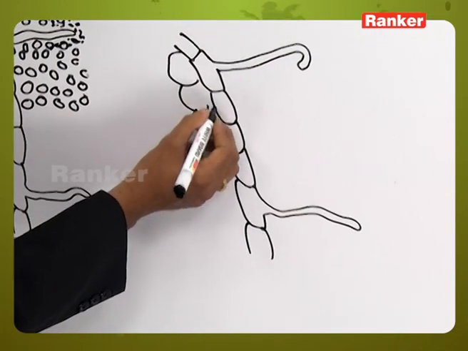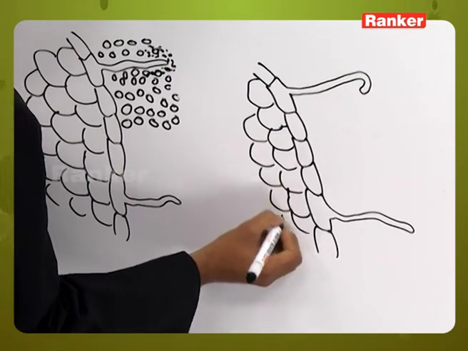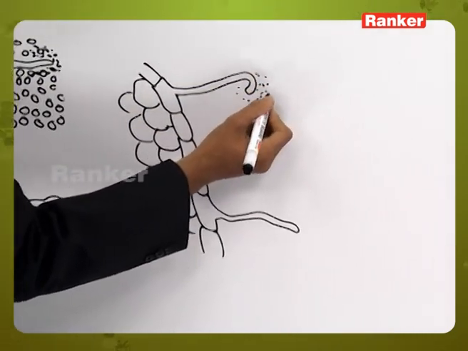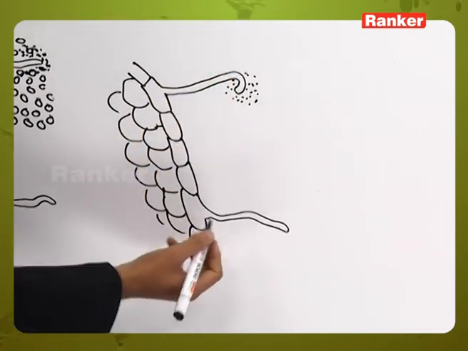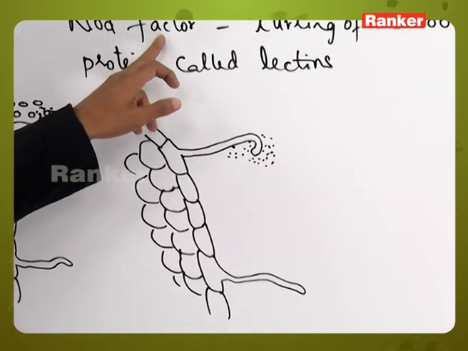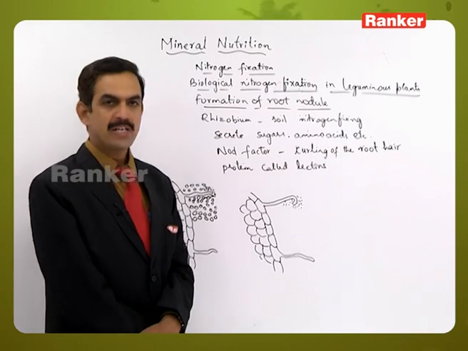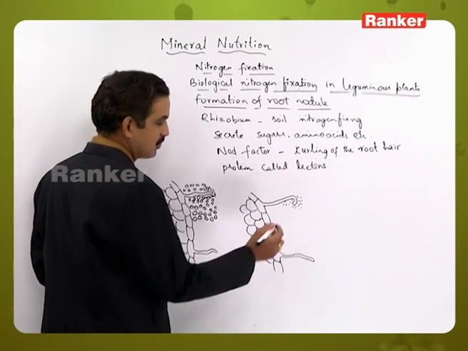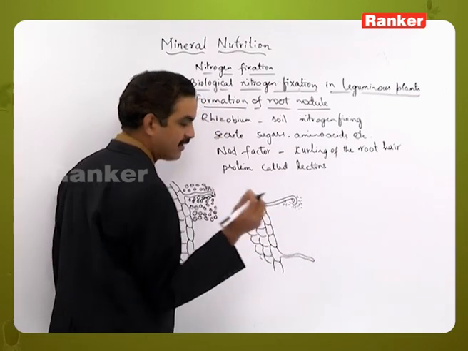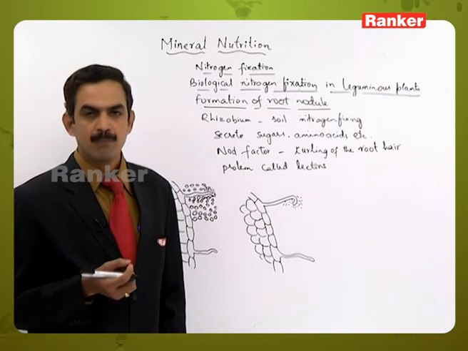So, this is internal tissue. You can see here the root hair is showing the curling, and it is surrounded by the rhizobium bacteria. Here the rhizobium bacteria will secrete a nod factor, which is useful for curling of this root hair. After curling, gradually the cell wall will be ruptured, or dissolved by the secretions of the bacteria.